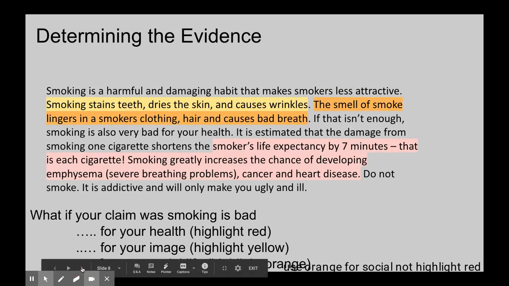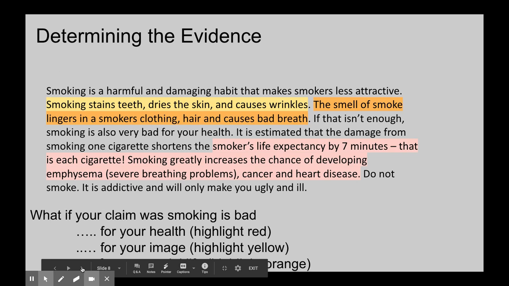Okay, so on our screen, you should see again the yellow, red, and orange highlights, each supporting a specific aspect of why smoking is bad. I wouldn't say that smoking is bad for my health because I'm going to have wrinkles.